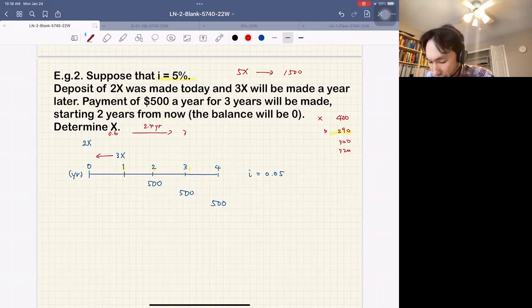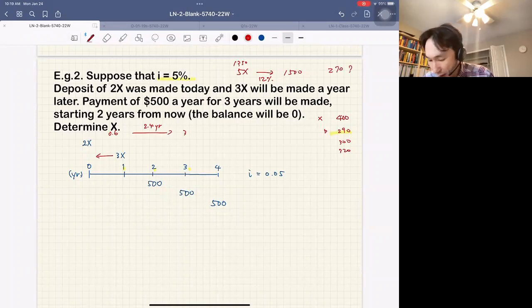So it accumulates interest of maybe 12%. 1 year, 5%. So 2.4 years, 12%. So probably x is maybe 11% less than $1,500. So maybe this is 1350, I don't know. But x maybe 270 or something. So that is my guess.